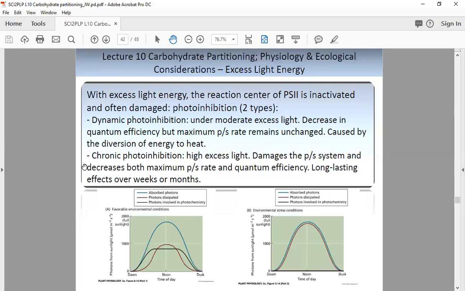These effects can be long-lasting and they can last for weeks or even months, which is quite interesting, given that you would expect a reversal of this once the photosynthetic apparatus has been repaired, but that obviously can take some time.